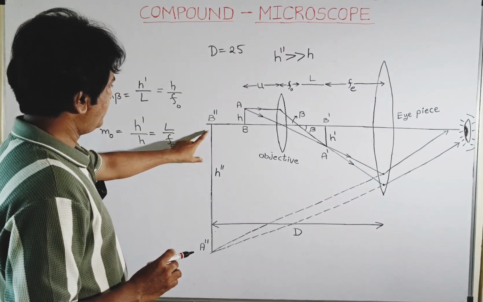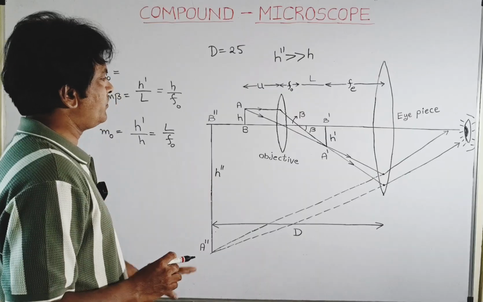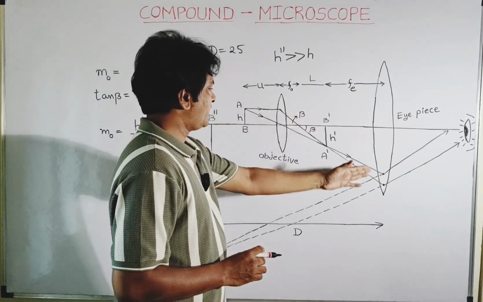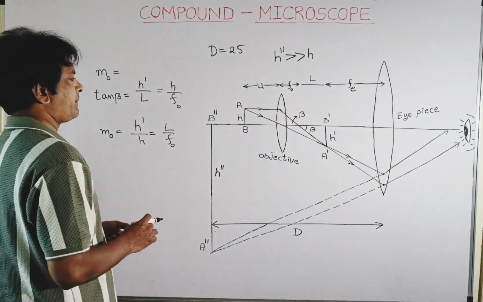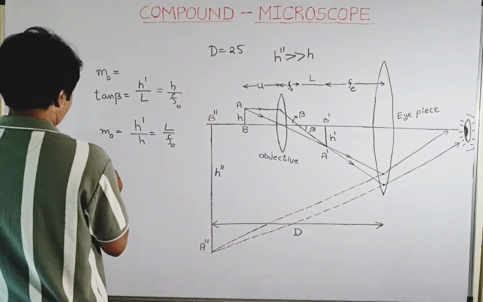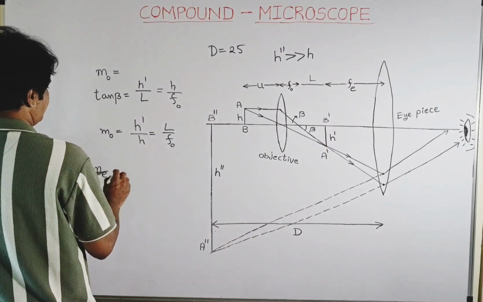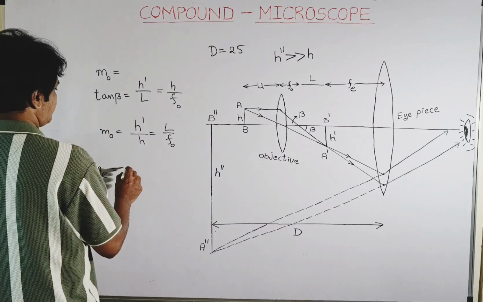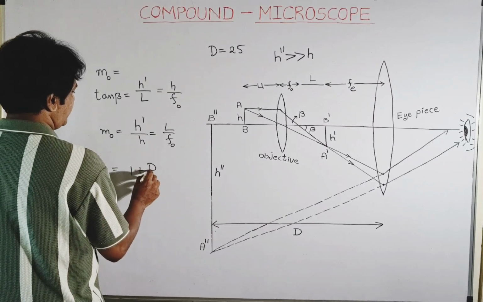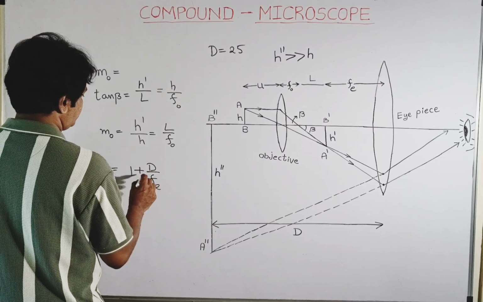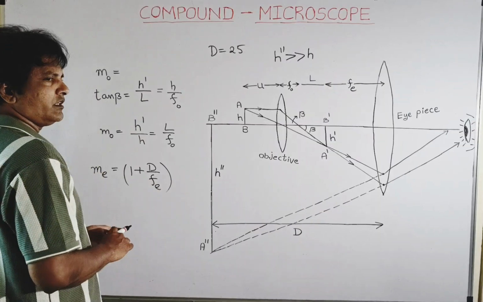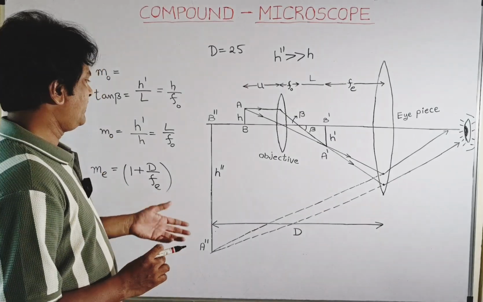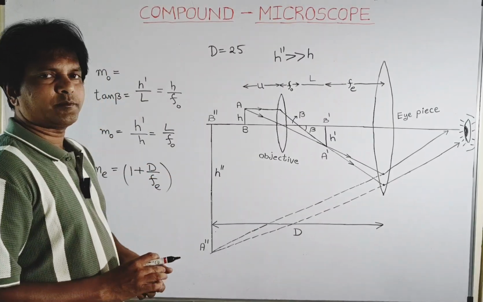So the point B double dash will become the near point, and then we consider the magnification for the eyepiece. If you consider this as a simple microscope, we have already derived that formula, 1 plus D by Fe. This is for linear magnification when the image is formed at the near point.